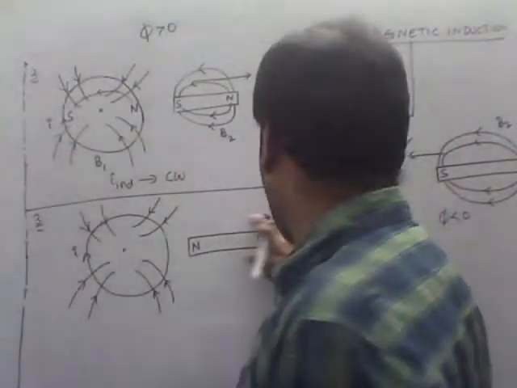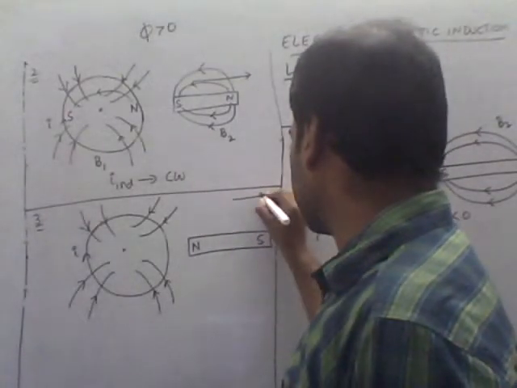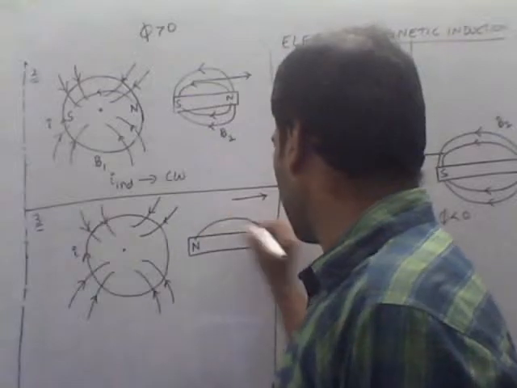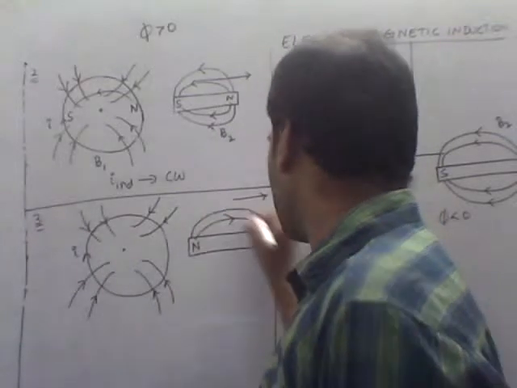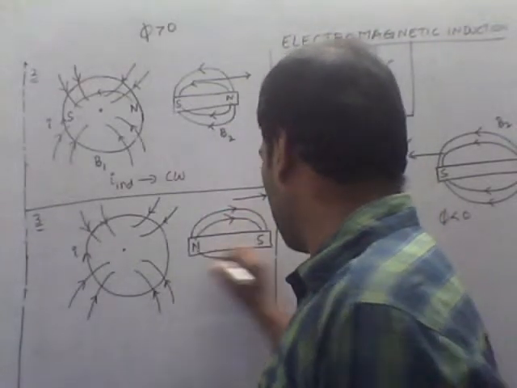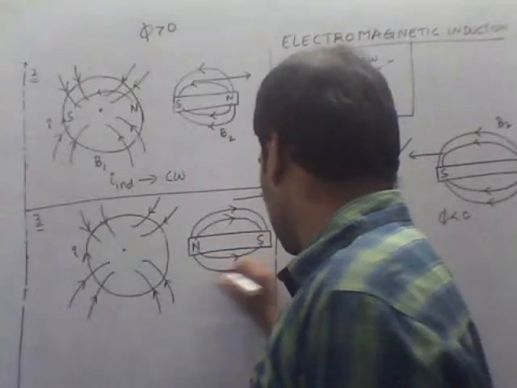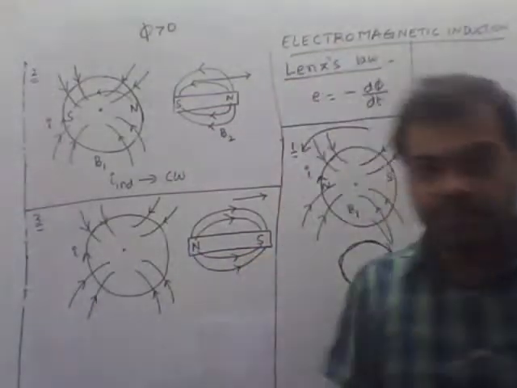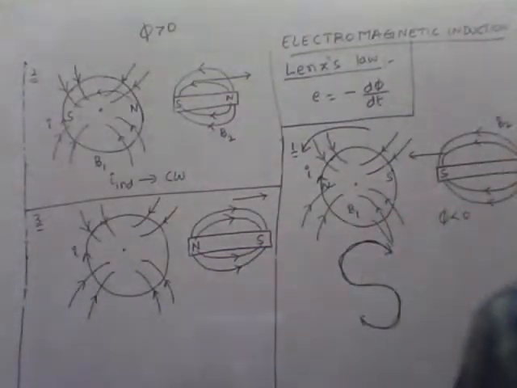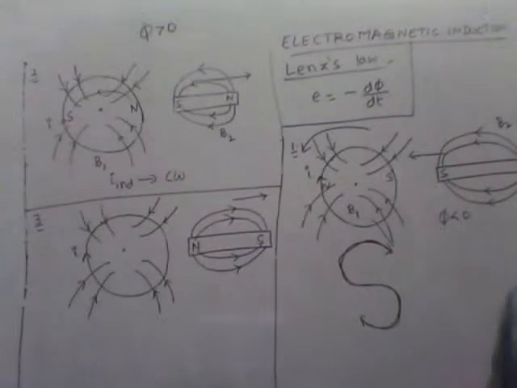And here also we have the magnetic field lines from the north pole to the south pole.